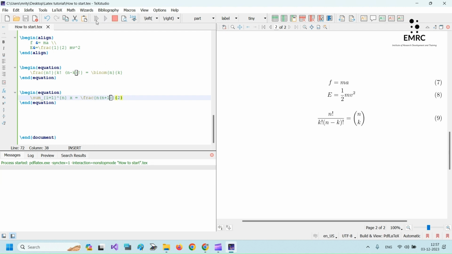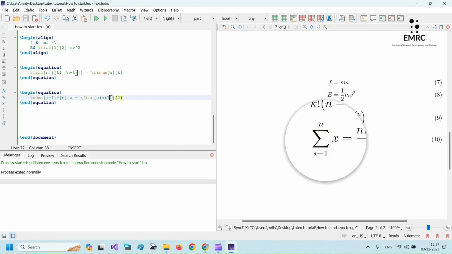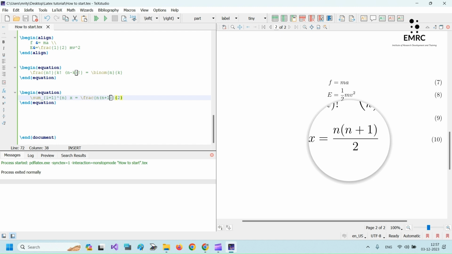You can see summation i is equal to 1 to n, x is equal to n plus 1 by 2.